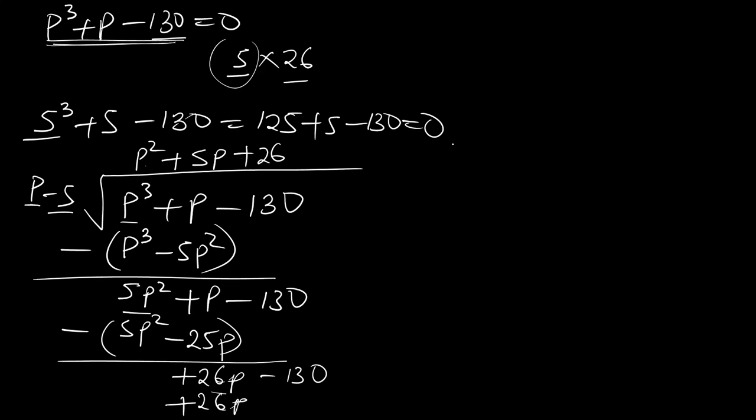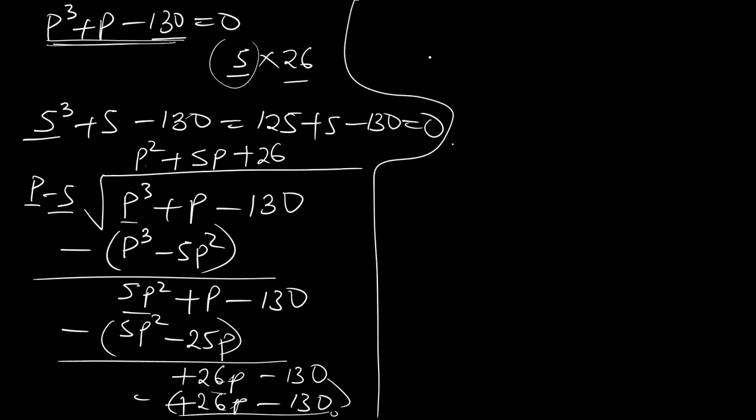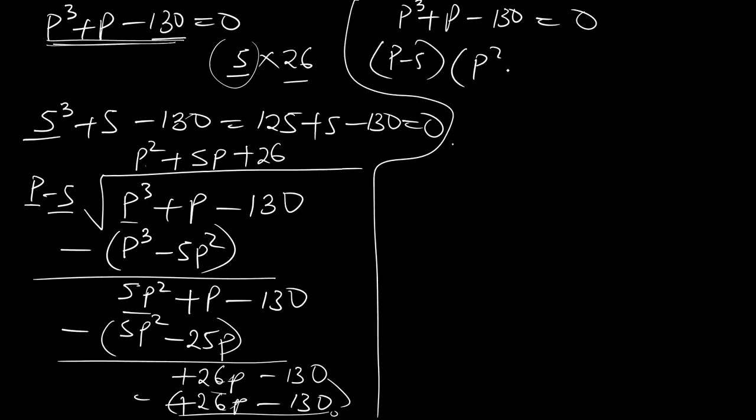Then plus 26 times minus 5 will give you minus 130. So if you subtract, you have 0. So that means p to the power 3 plus p minus 130 equal to 0 is the same as saying p minus 5 times p squared plus 5p plus 26 is equal to 0.